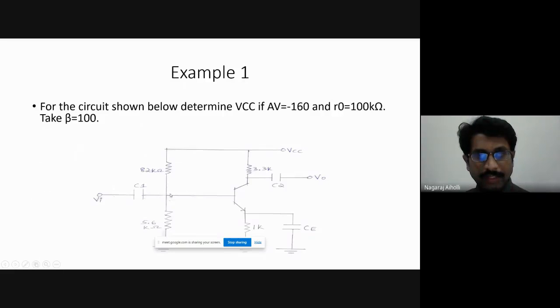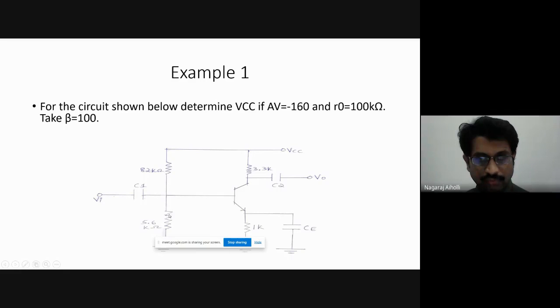If we apply KVL to this portion of the input circuit, here is a junction between R1 and R2 where we have the Thevenin voltage. The current flows from VCC through R1, and here it splits.